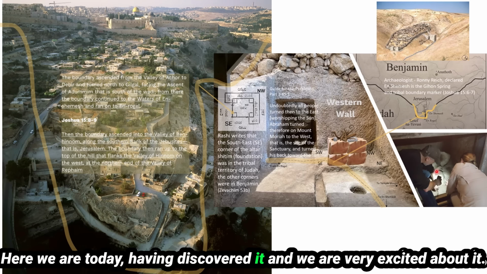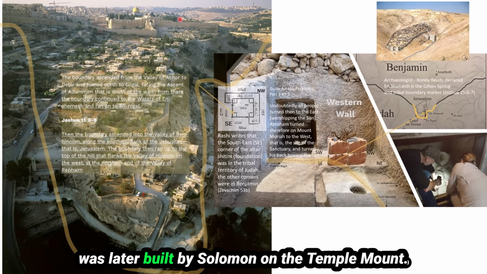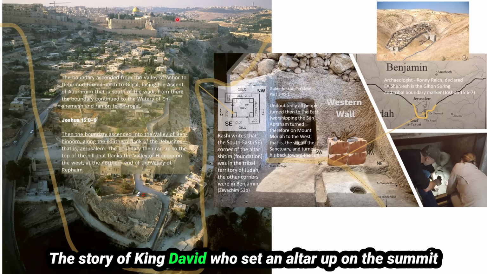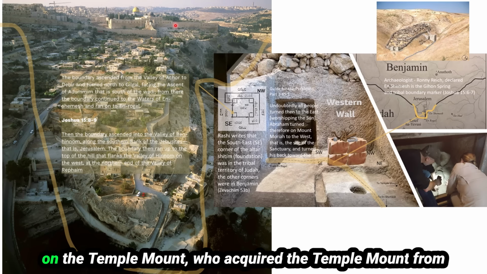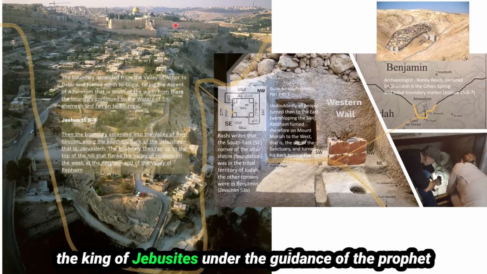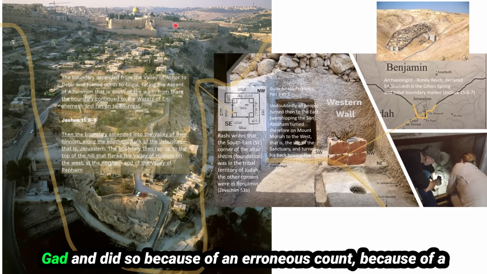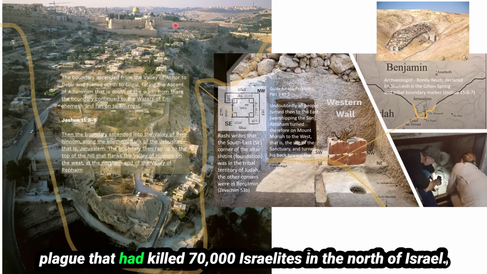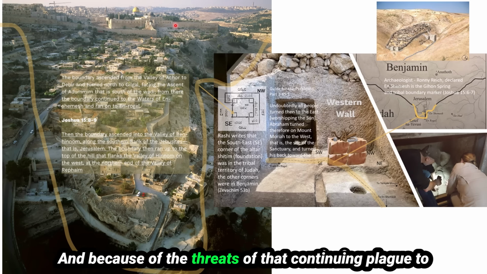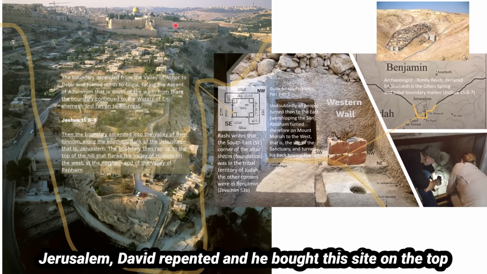But it presents some conflicts with the temple that was later built by Solomon on the Temple Mount. The story of King David, who set an altar up on the summit on the Temple Mount, who acquired the Temple Mount from the king of the Jebusites under the guidance of the prophet Gad, and did so because of an erroneous count, because of a plague that had killed 70,000 Israelites in the north of Israel, and because of the threats of that continuing plague to Jerusalem.